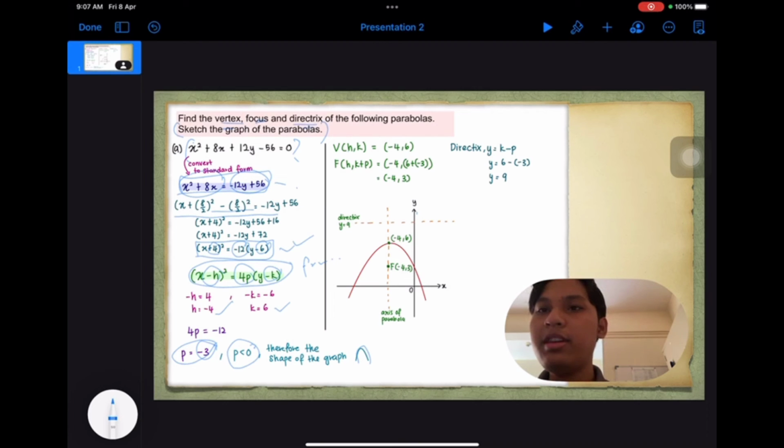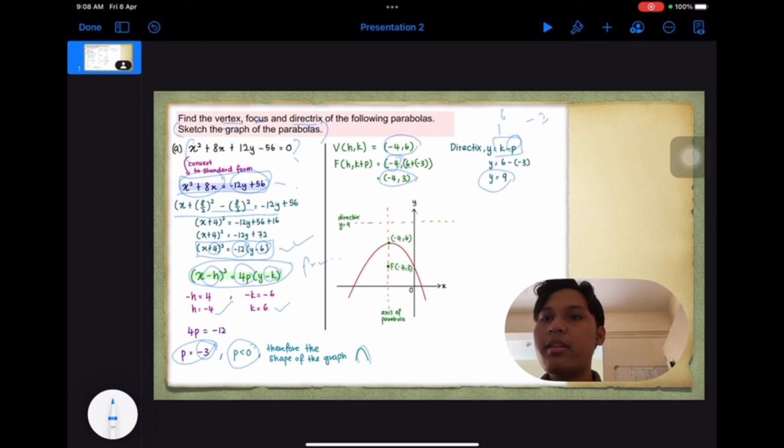Since the vertex coordinate is (h, k), h is -4 and k is 6. For the focus, the coordinate is (h, k plus p), so we get (-4, 3). The directrix is y equals k minus p, so y equals 9.